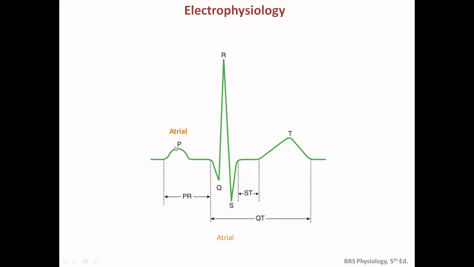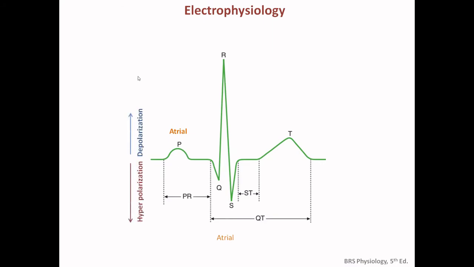Because of that there is a pouring of the atrial blood into the ventricle. But when the atrium relaxes, actually this is hidden because of the ventricular contraction. So we cannot see the repolarization of the atrium here.